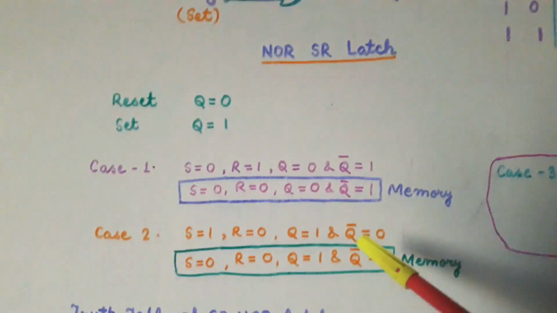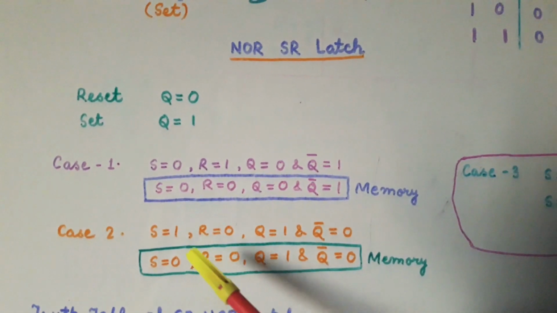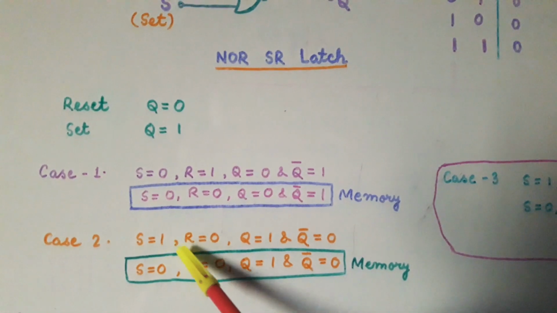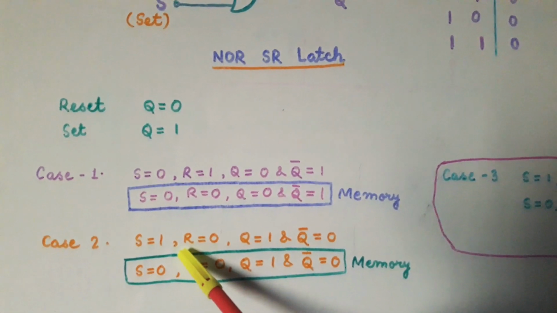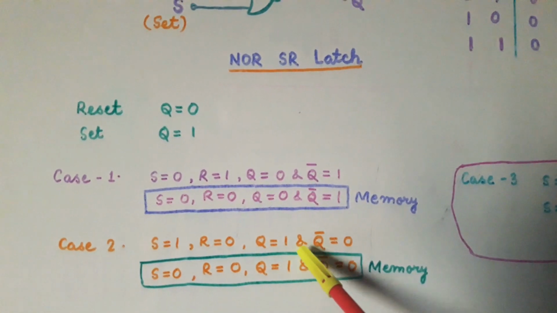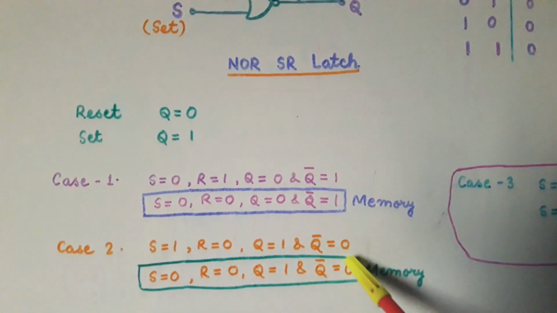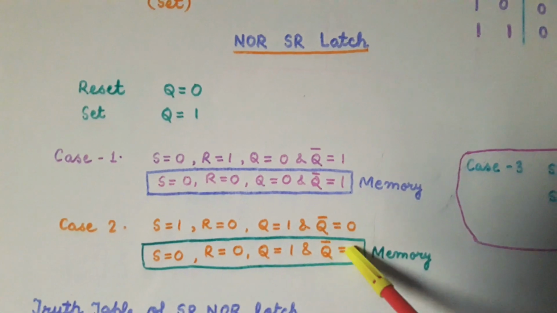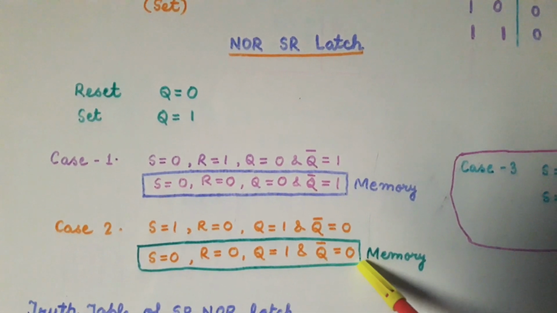Now let us move on to the second case. In this case we will make the value of S equal to 1 and R equal to 0, and we will find out the values of Q and Q bar. We will do the analysis for the second case also.